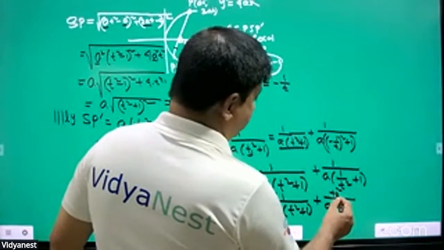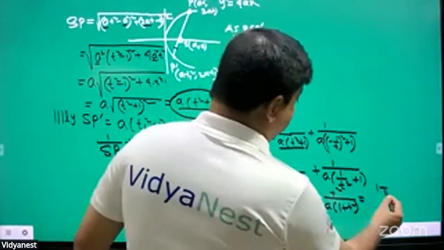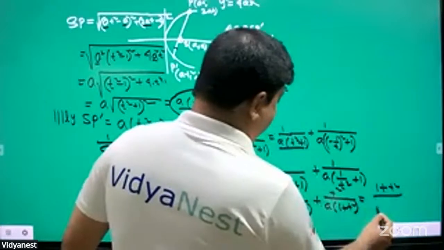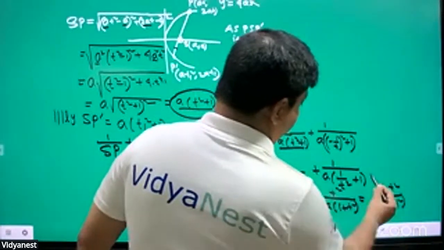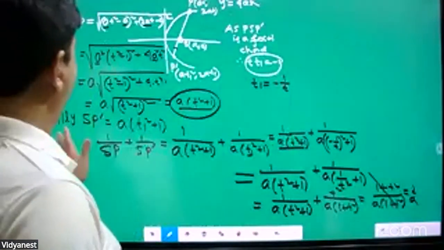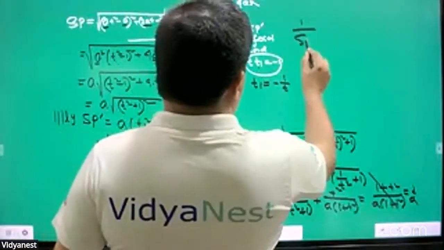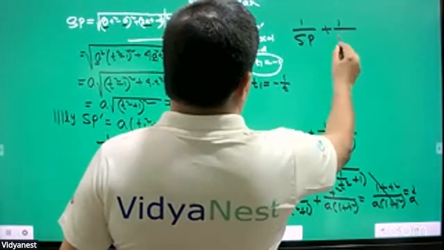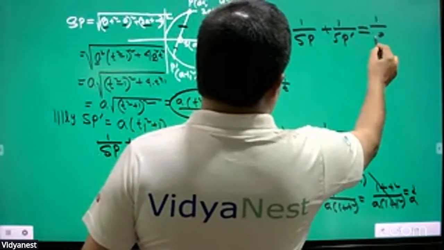It gives you what? 1 plus t square, a(1 plus t square), 1 by a. So here we have that conclusion, 1 by SP plus 1 by SP dash is equal to 1 by a.